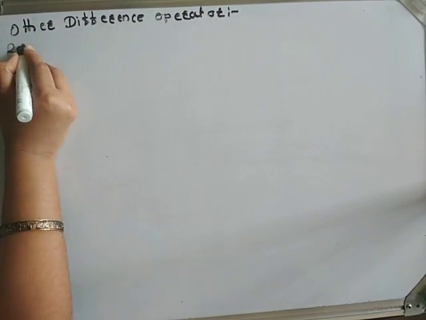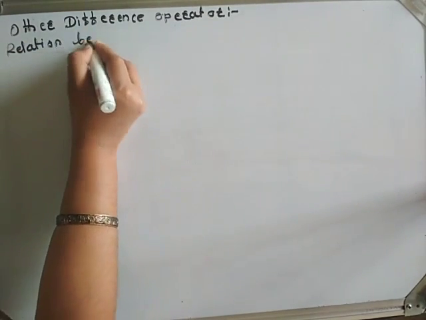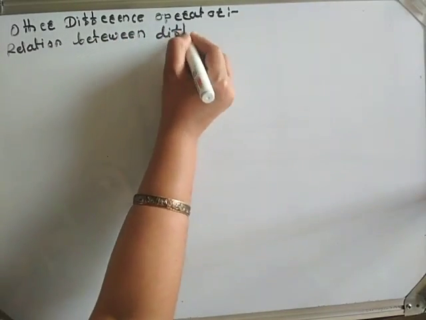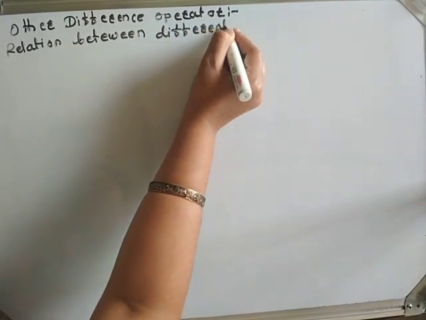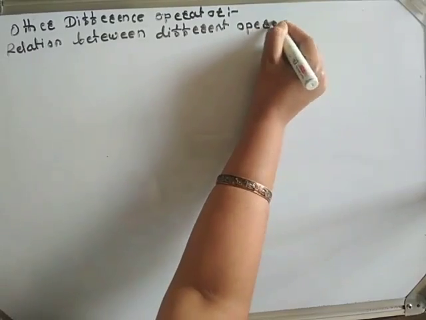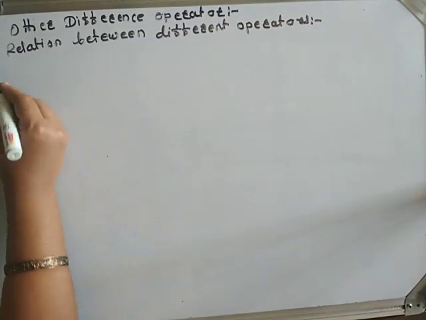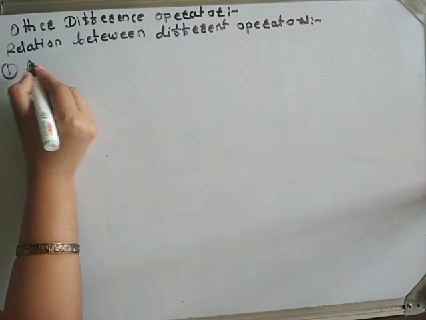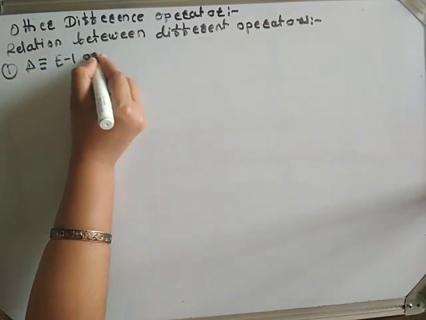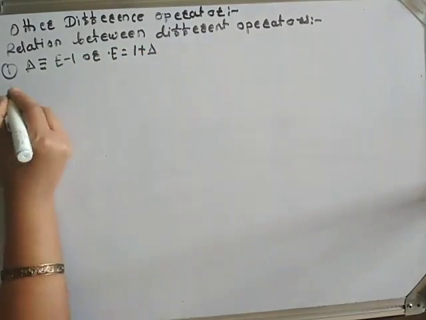Let us take relation between different operators. First relation is delta is equivalent to E minus 1 or E is equivalent to 1 plus delta.